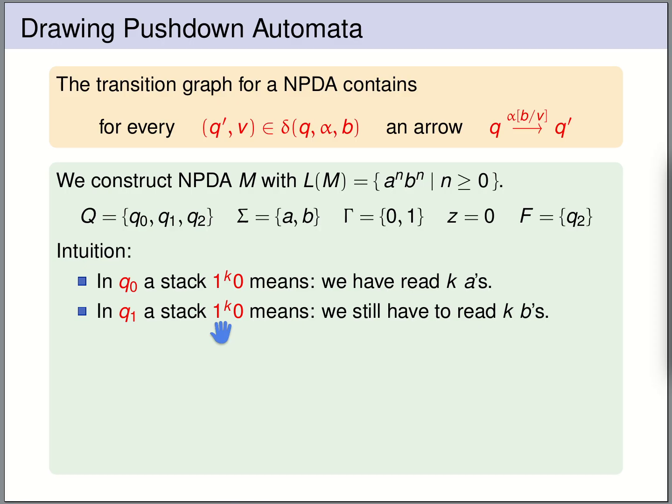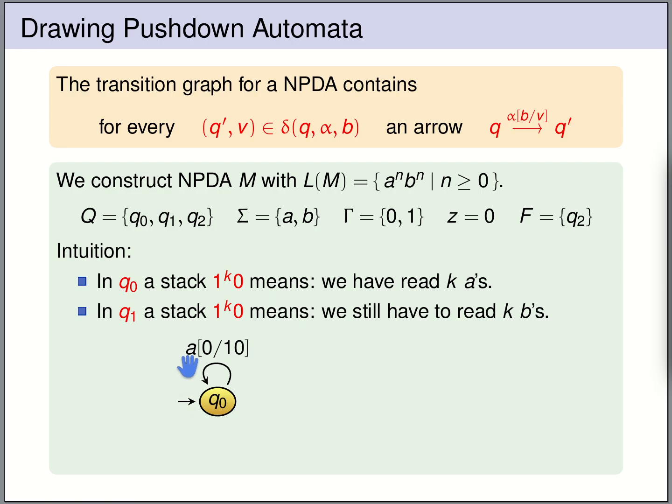So let's start. So we have our starting state Q0. Now let's try to implement this intuition. For every a that we read in Q0, we want to add a 1 on top of the stack. So initially there's a 0 on the stack, our stack start symbol. So we need a transition of this form.